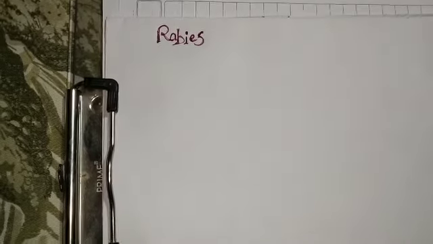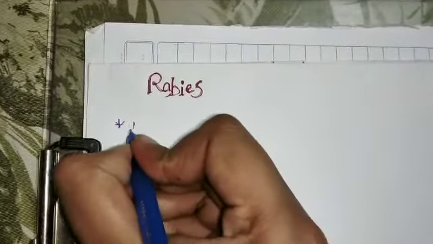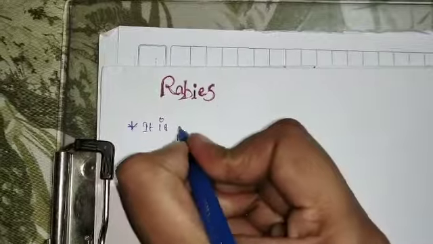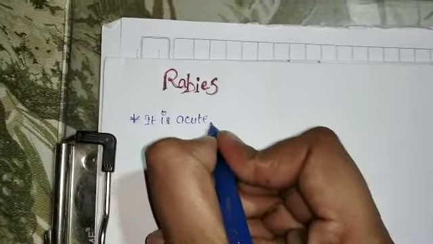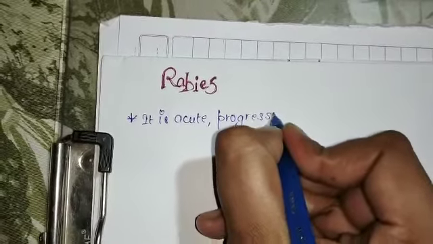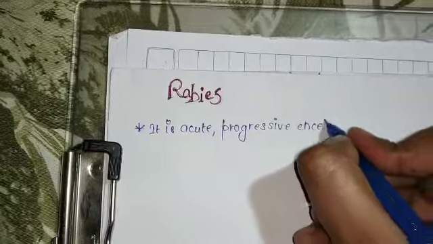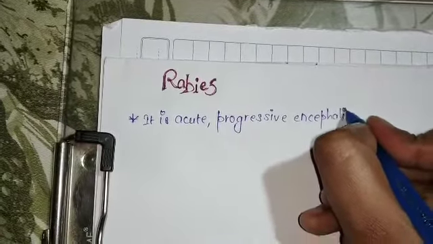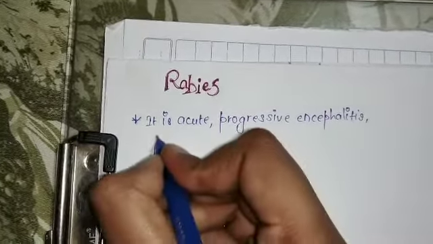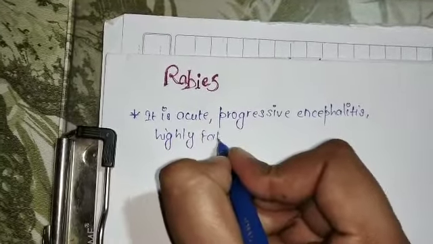Today we are going to start a new topic, rabies. Actually, rabies is an acute, progressive, encephalitis and highly fatal disease.